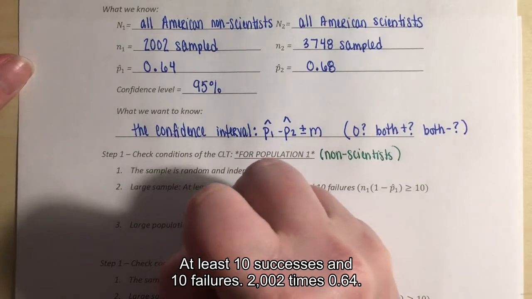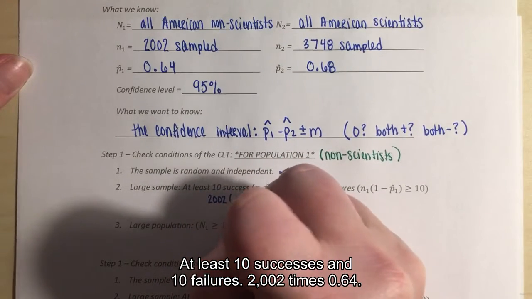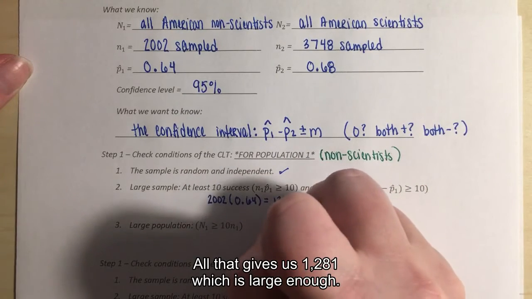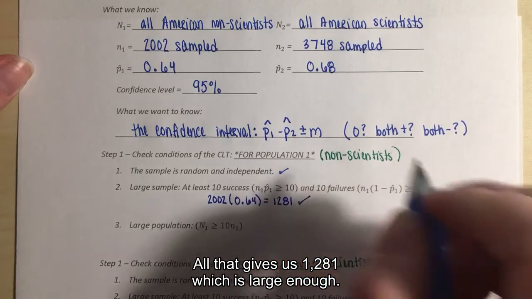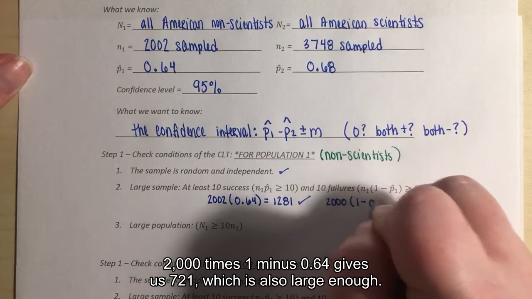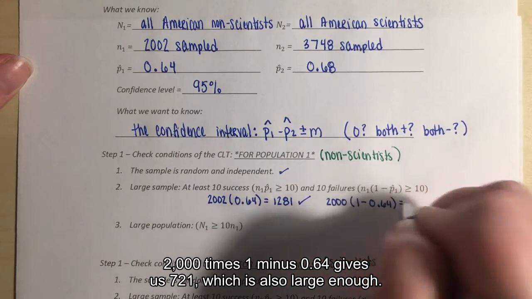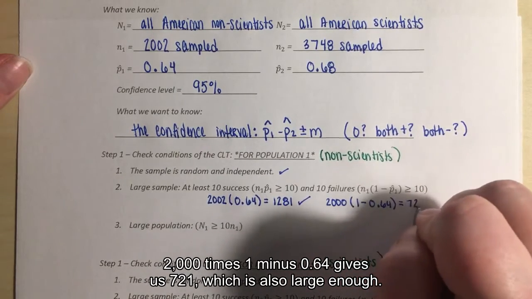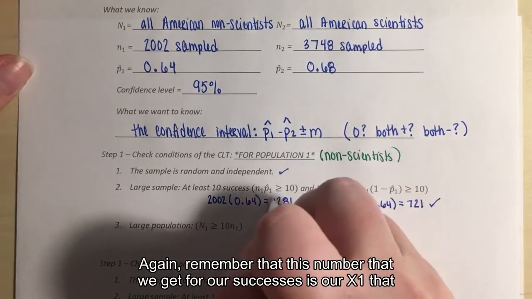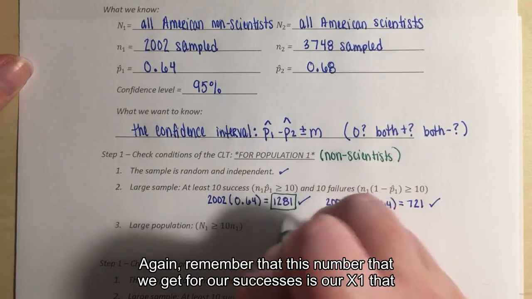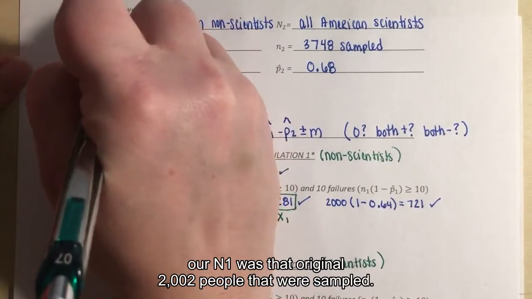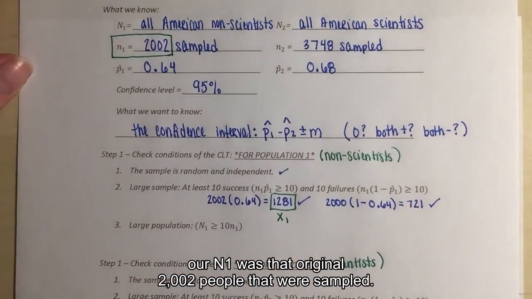So 2,002 times 0.64 gives us 1,281, which is large enough. 2,002 times 1 minus 0.64 gives us 721, which is also large enough. Again, remember that this number that we get for our successes is our x1 that we're going to use in StatCrunch, and our n1 was that original 2,002 people that were sampled.